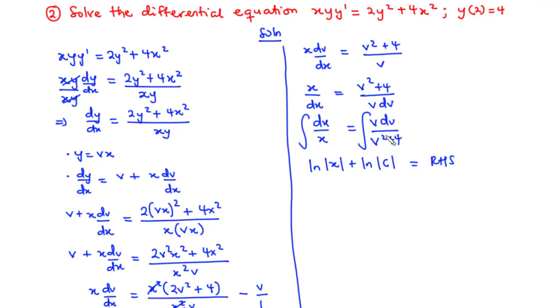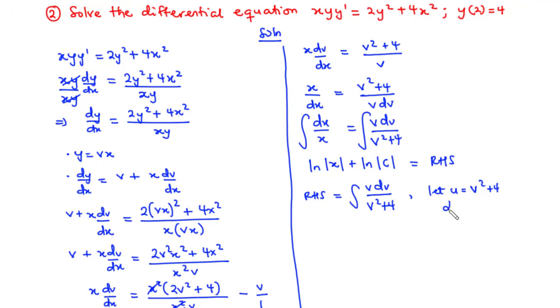Now let's work out the right hand side. So on the right hand side we have the integral of v dv over v squared plus 4. So we are going to use u substitution. Okay, so we let u be equal to the denominator, v squared plus 4.